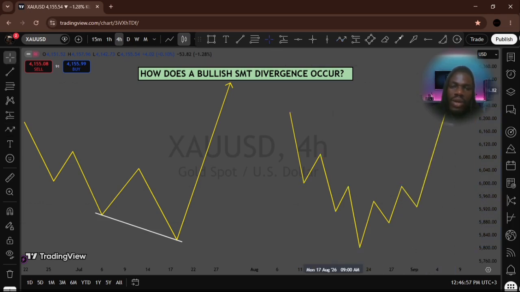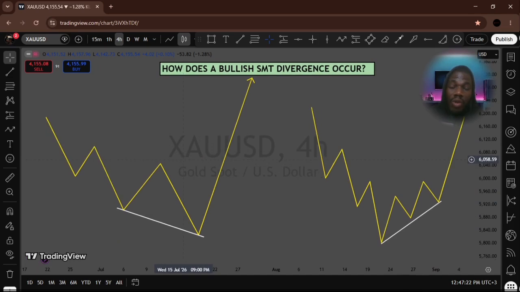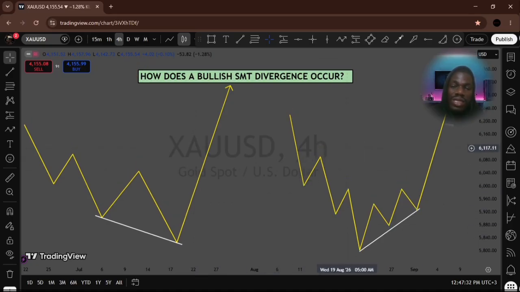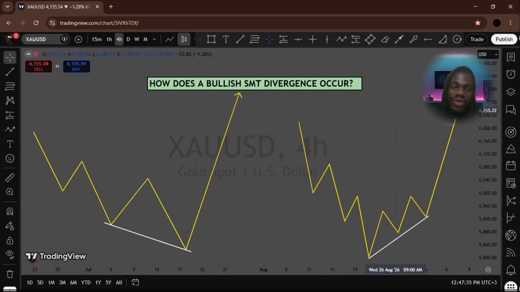For this one, it occurred within this zone, up here, around here. For this one, another correlated pair fails to make a new lower low. Yes, for this one it failed to make a new lower low. For this one it formed a new lower low, so you could see it. Maybe this is 0, this is 0.